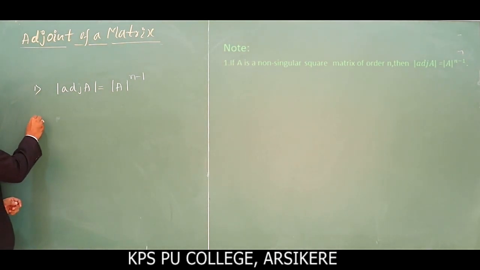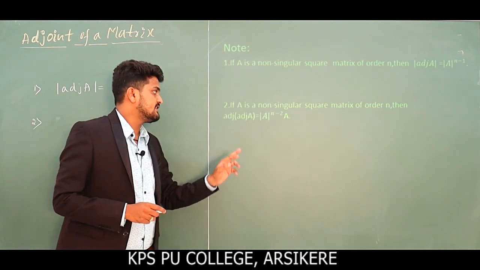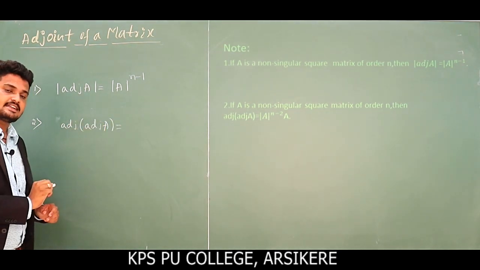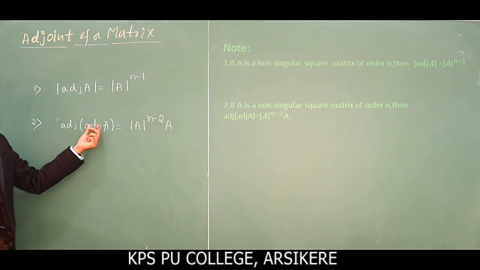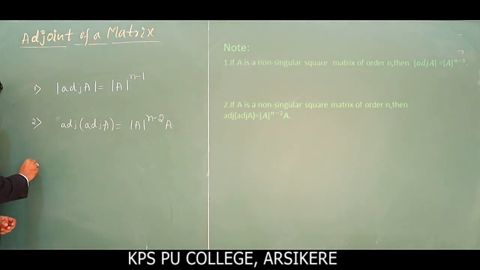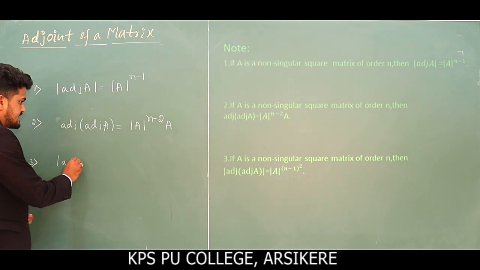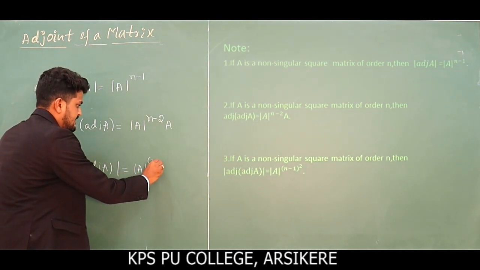First one. Second one, if A is a non-singular square matrix of order n, then adjoint A is always equal to determinant of A to the power of n minus 2 into A. Third one, if A is a non-singular square matrix of order n, then determinant of adjoint A is always equal to determinant of A to the power of n minus 1 whole square.